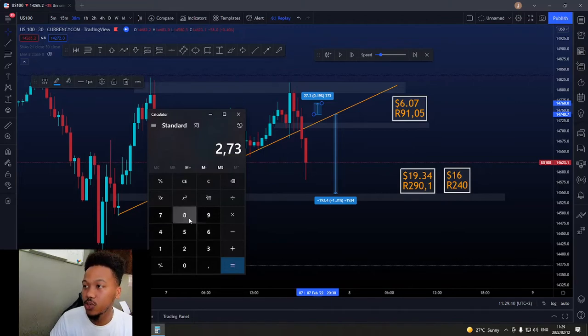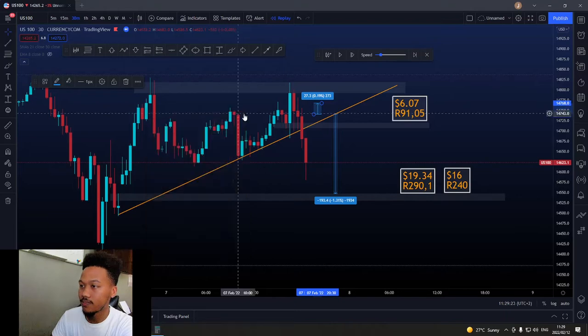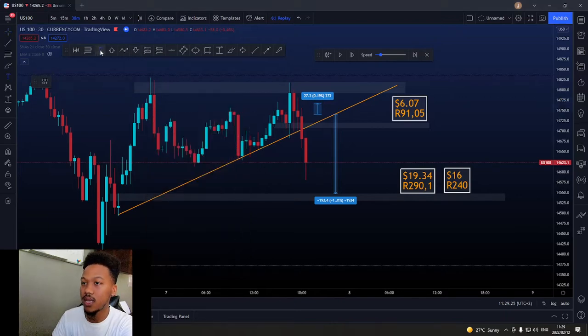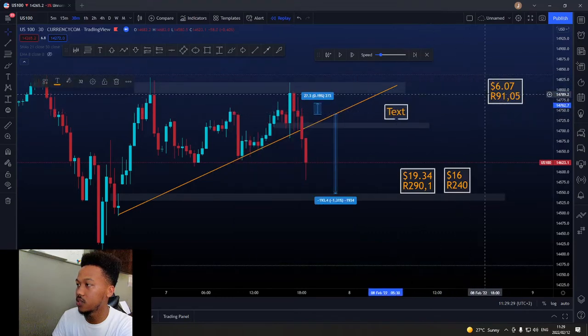Let's multiply it by 15, and we have 40.95 ZAR. Let's add this one over there as well.